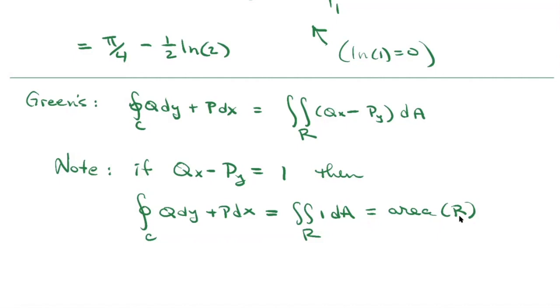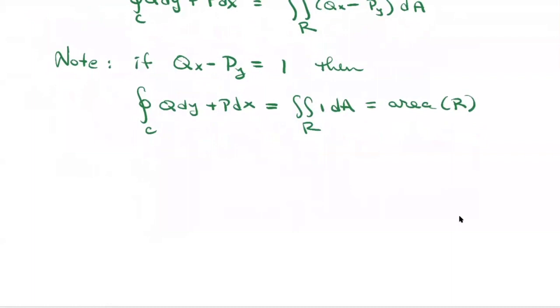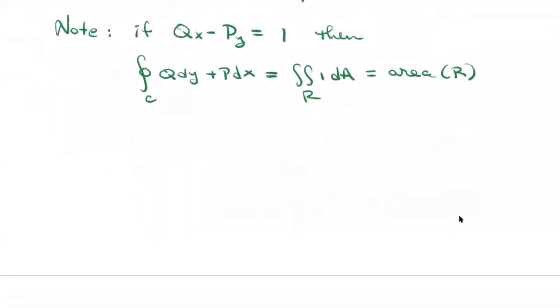And that turns out to be sort of useful, and it leads to a formula. I don't know if you remember, but at the end of chapter 15, I did an example where I had a kind of a complicated polygon that I found the area of. And I found the area of the polygon just by looking at points on the perimeter. And that's a specific case for what I'm about to do.